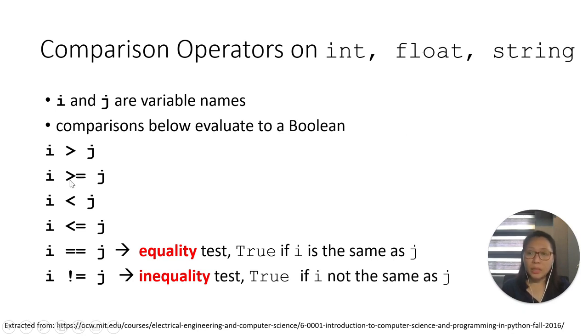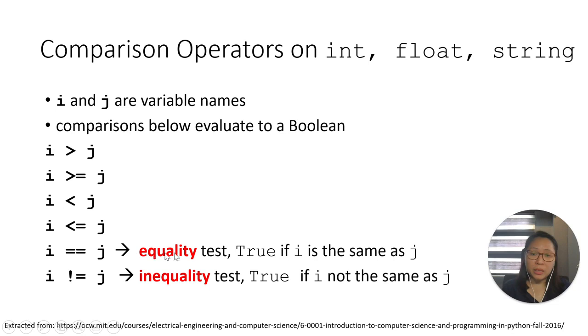The next ones are greater than or equal, less than or equal, and then here we have the equality test. Take note that the equality test is two equal signs, compared to the one equal sign, which is the assignment operator. So here, is the value i equal to the value j, is an equality test.